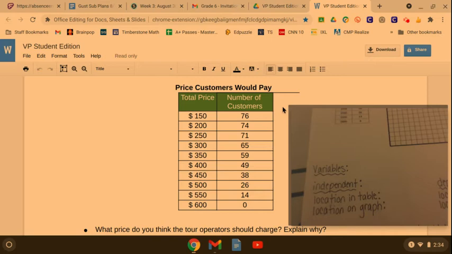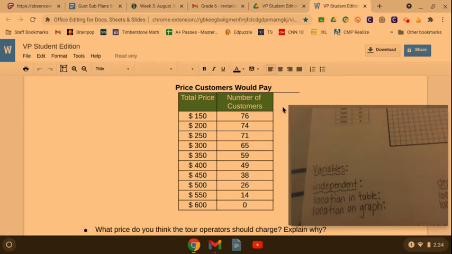So I would like you to figure out, in the table, you have 2 variables, total price and number of customers. I want you to figure out which one is the independent variable and write down where is that located in the table, and then where is that going to go on the graph.